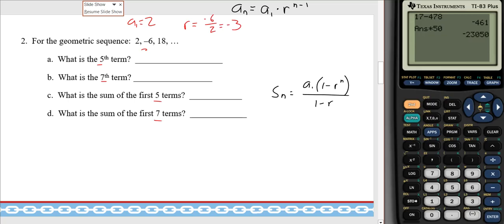So for part A, term 5 is equal to term 1 times common ratio to the n minus 1 power. So 5 minus 1 is 4. And then I just calculator that. 2 times negative 3 to the 4th power, like that.